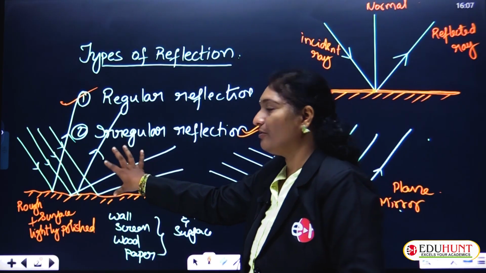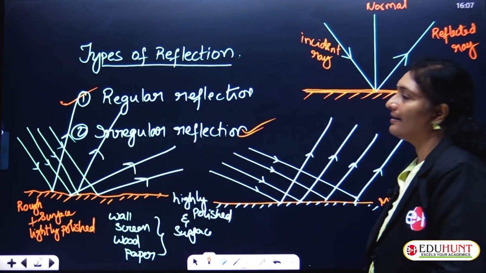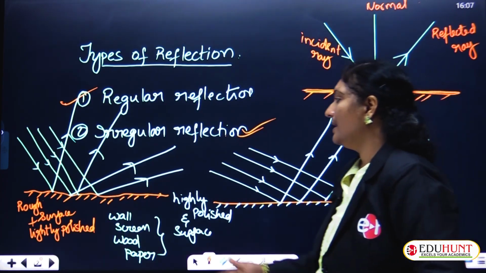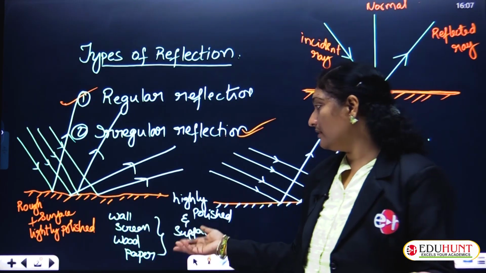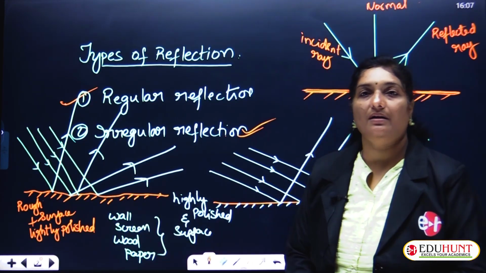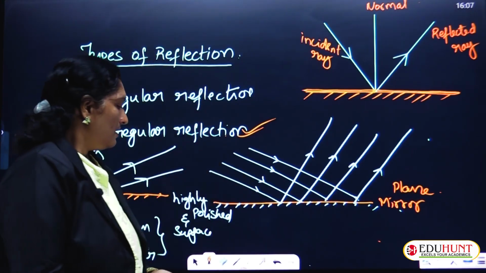This type of reflection of light is called your irregular reflection. Examples for this are a wall, a movie screen, wood, a piece of paper or cardboard, cloth, etc. Got it, children?